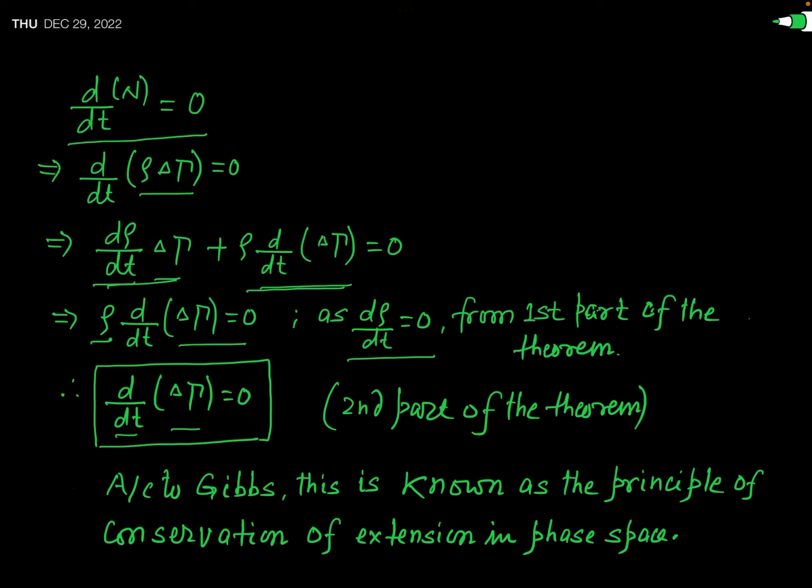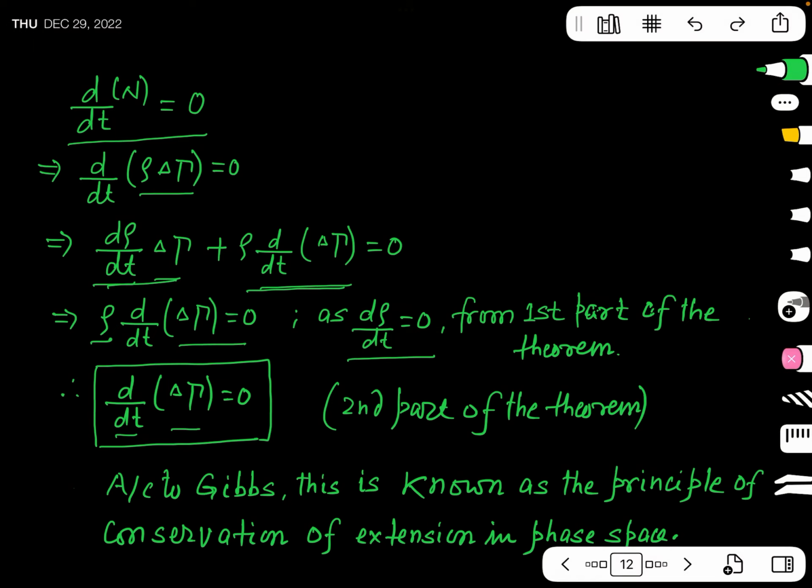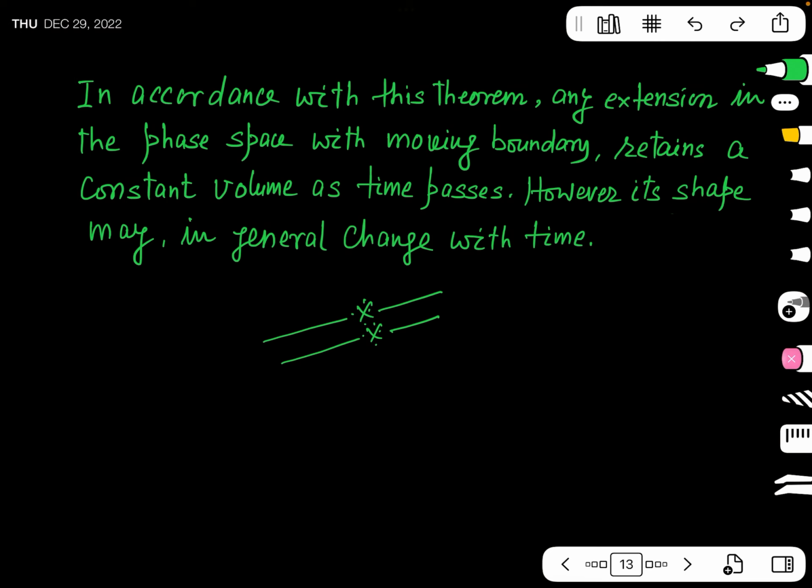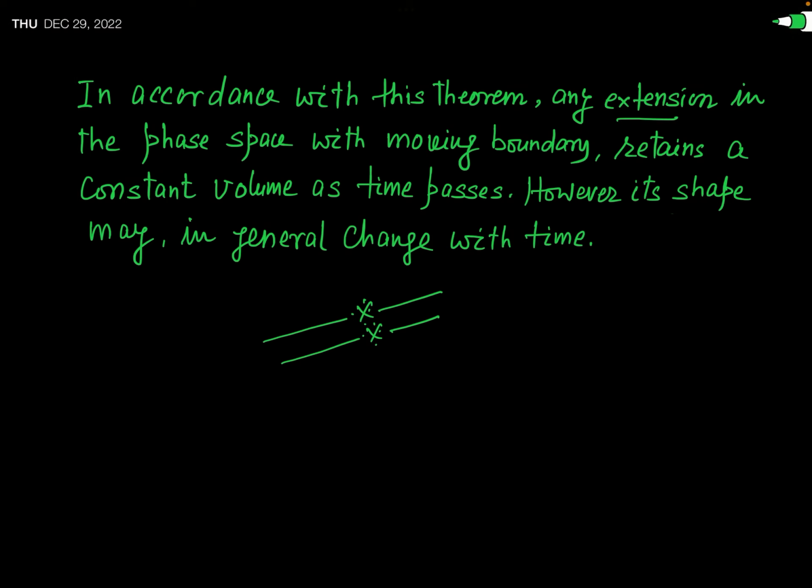Gibbs explained the physical significance of this theorem, and according to Gibbs, this principle is known as conservation of extension in phase space. In accordance with this theorem, any extension in phase space with a moving boundary retains a constant volume as time passes.